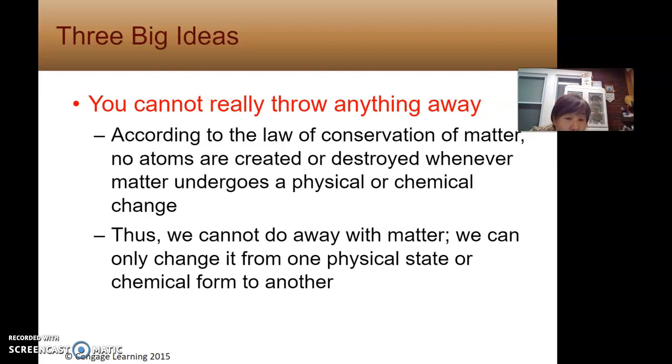We can only change it from one physical state or chemical form to another. So even when we burn garbage, we do not really destroy it. It simply goes from solid to a more condensed solid, the ashes, and then becomes gas. We are not really destroying anything. So we should be very careful with the items we use.